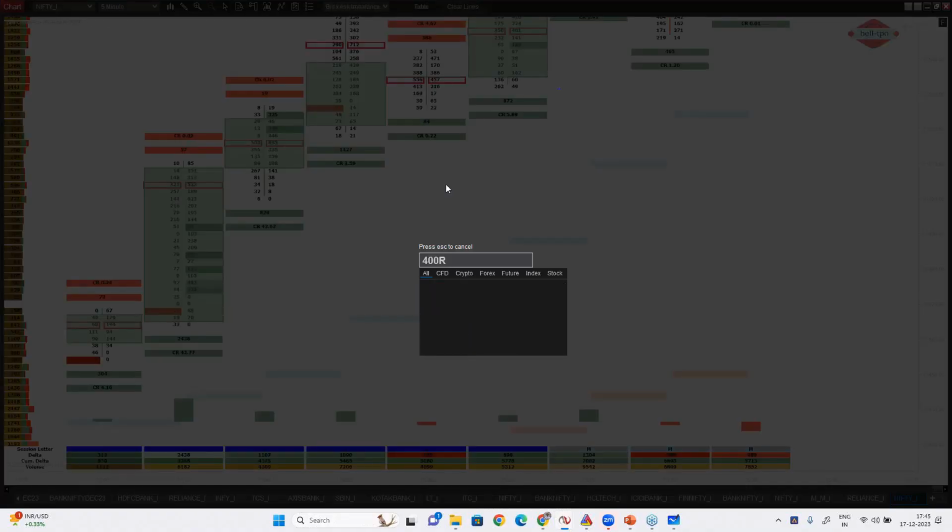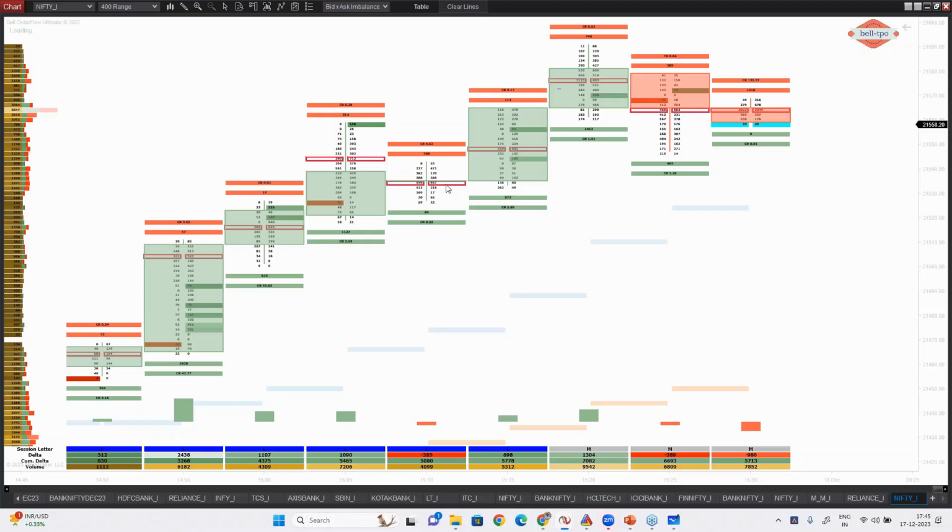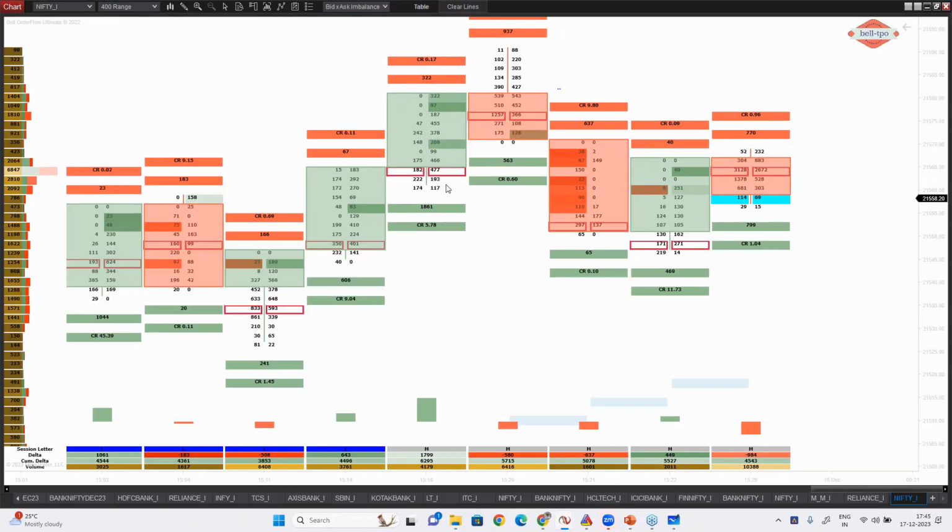400R means 400 will be multiplied by the 0.05 tick size. That will get me 10 blocks. Every candle will have only 10 blocks, which means 20 points: 10 blocks into 2 is 20 points.